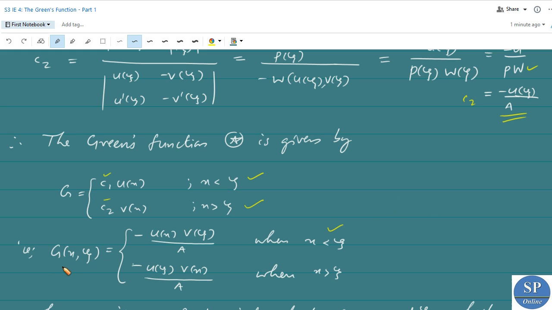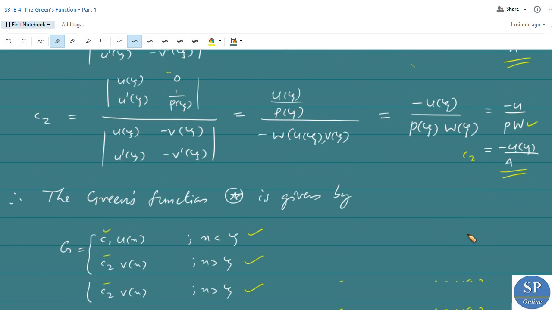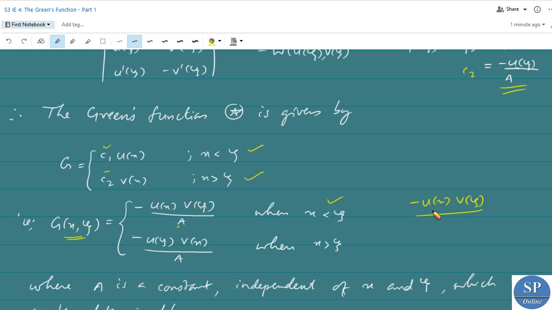Here actually the Green's function is a function of x and zeta. So g1 is minus u of x v of zeta divided by a, and g2 is minus u of zeta v of x divided by a. Here a is nothing but p into w, so we can write this as p of zeta into w of zeta, Wronskian of zeta.